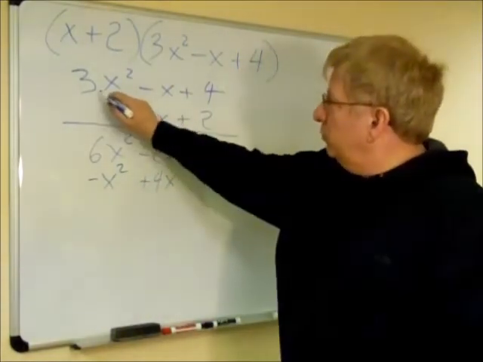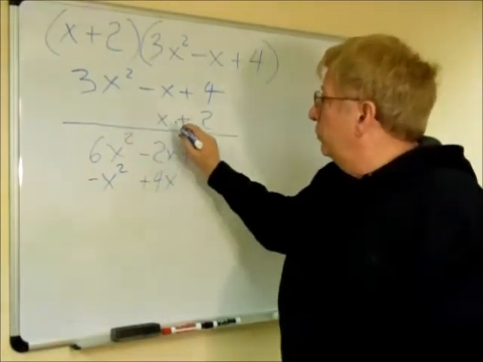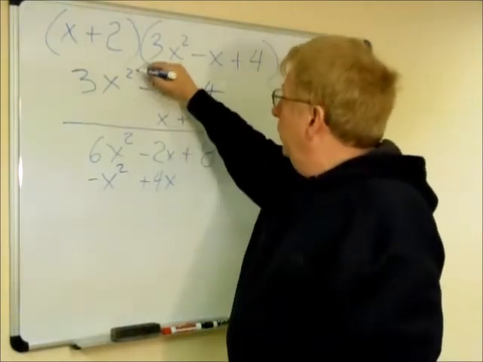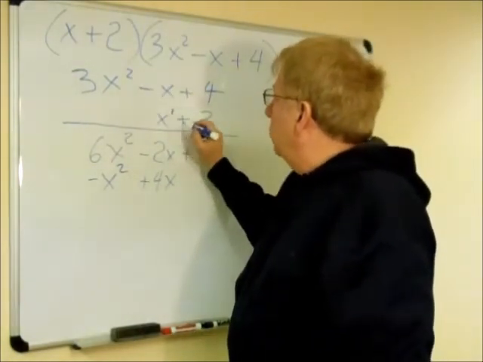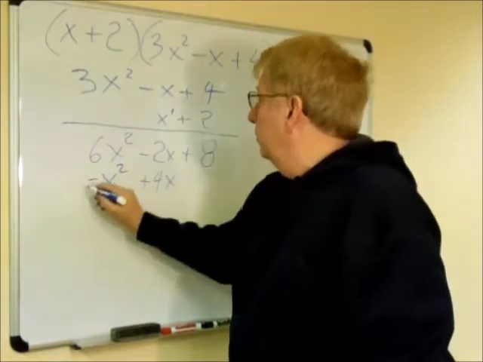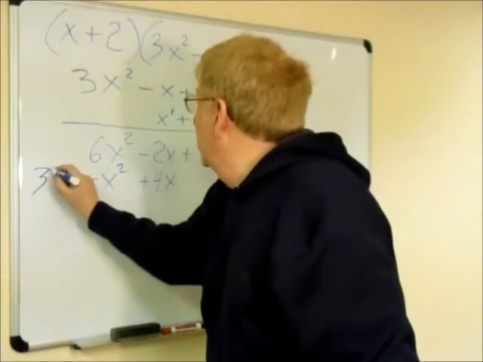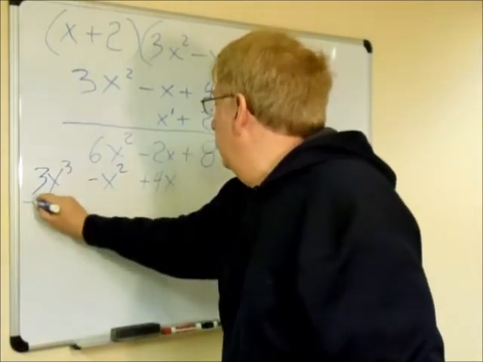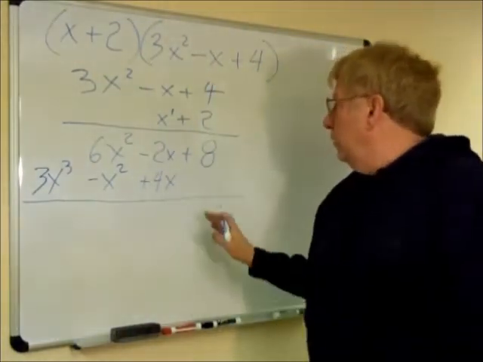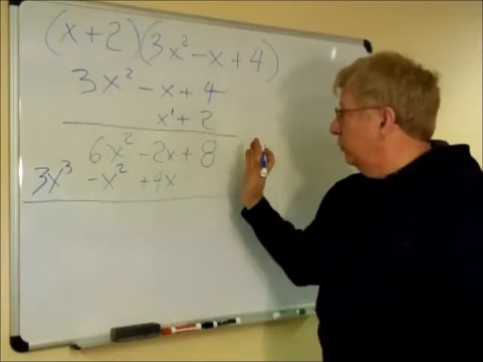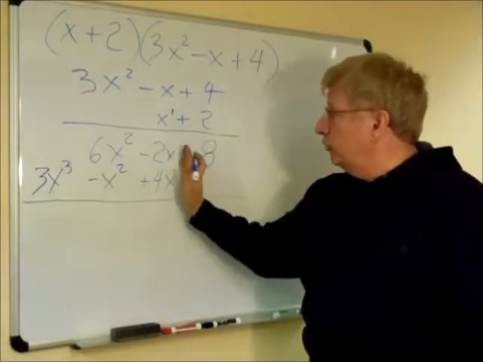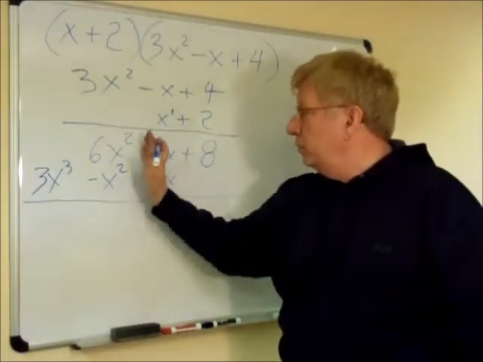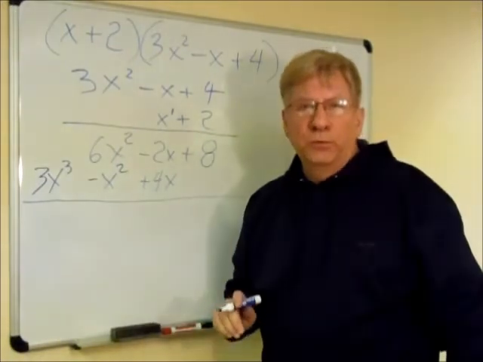Now x times 3x squared gives us 3x to the third: x squared times x to the 1 is 2 plus 1, so we have 3x cubed. Put a line here. So you see I've taken great care to line up constants, x to the 1 terms, x squared terms, and x cubed terms.